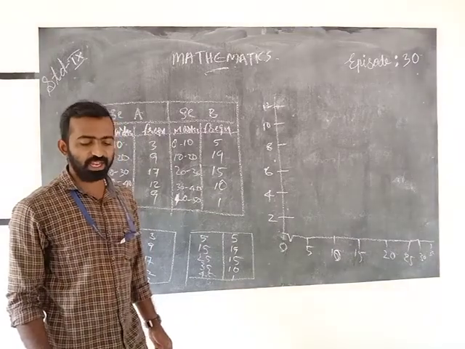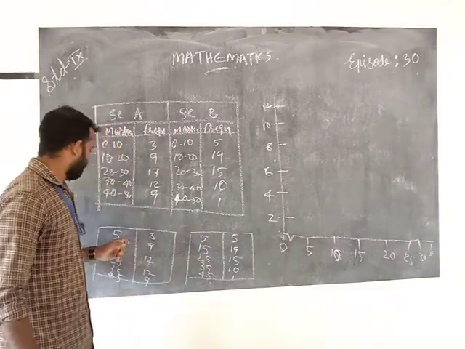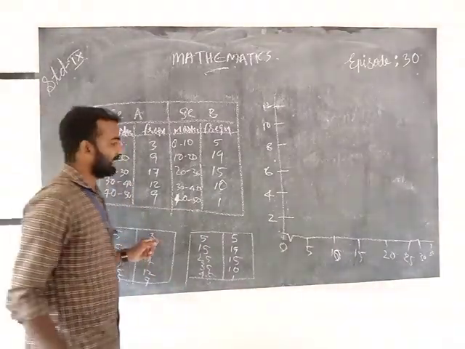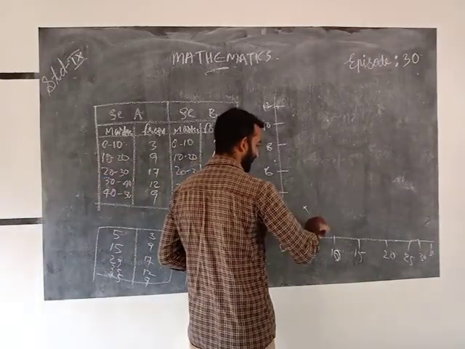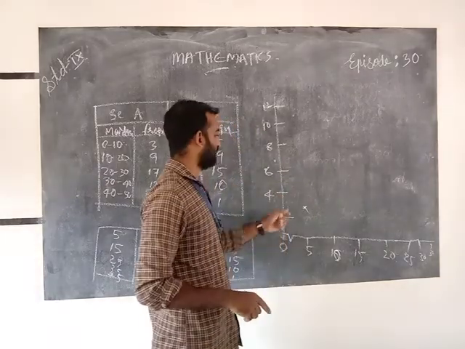For the first point, the midpoint is 5 and the corresponding frequency is 3. That is here, 5 and this is 3, the midpoint of 2 and 4.